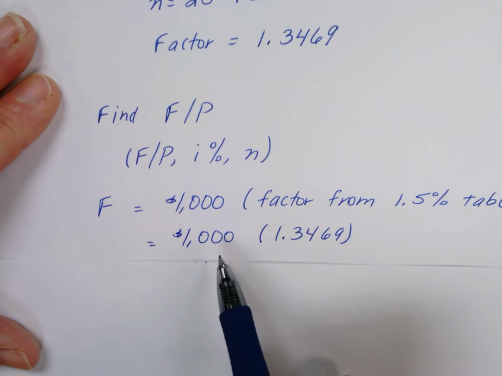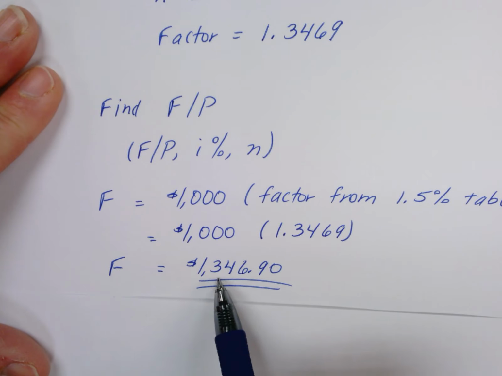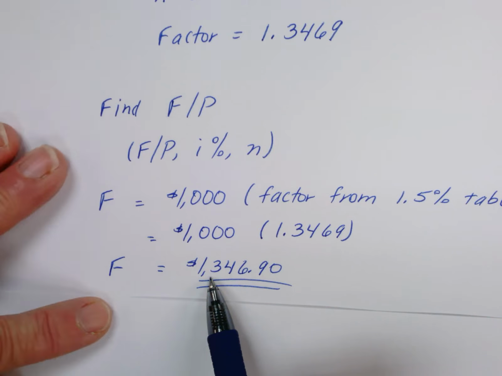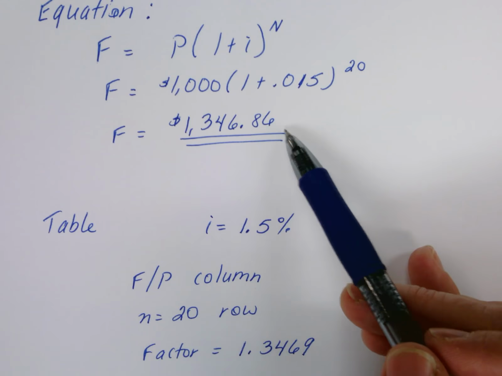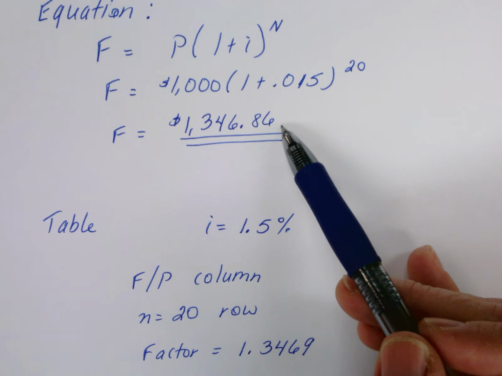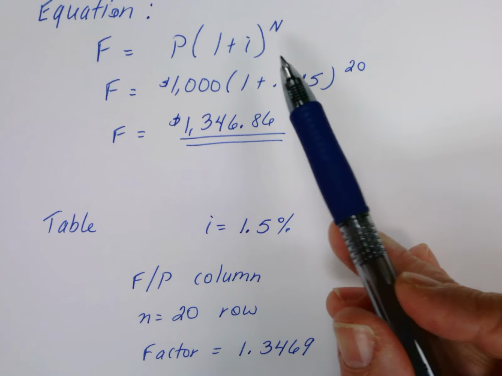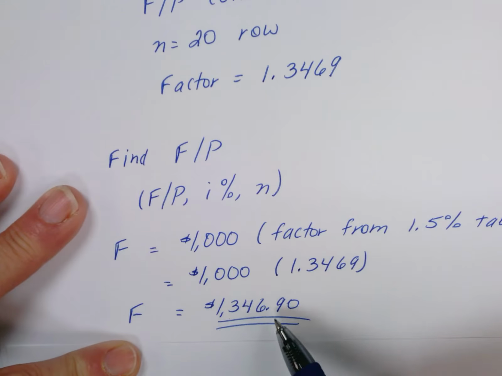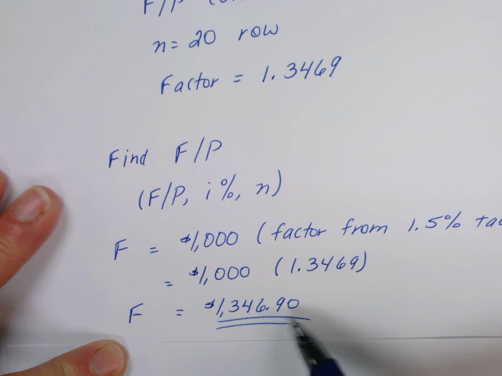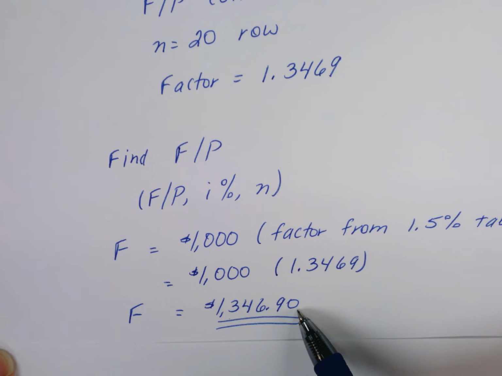Multiply that by the present value, and you will get the future value of that investment, $1,346.90, which is very similar to, with just a few cents rounding difference, what we got using the full equation. So you can see that the equation method and the table method give basically the same answer. That is the future value of this investment at the end of 5 years using a 6% annual interest rate compounded quarterly. In 5 years, the balance will be $1,346.90.